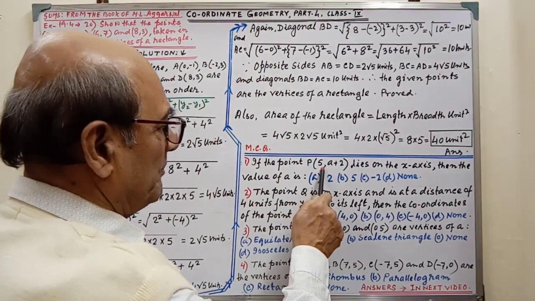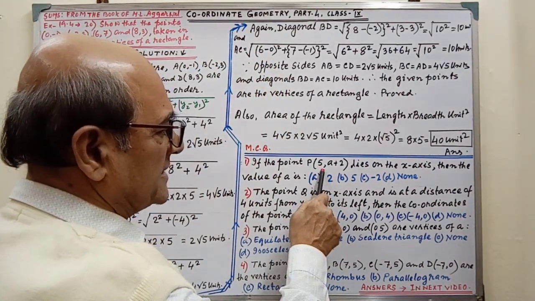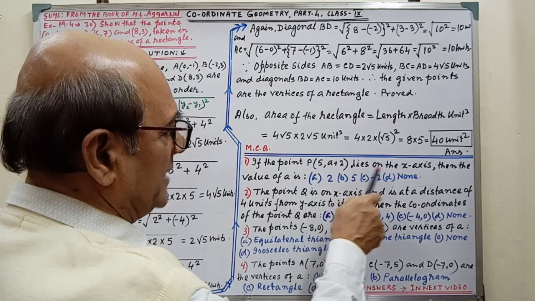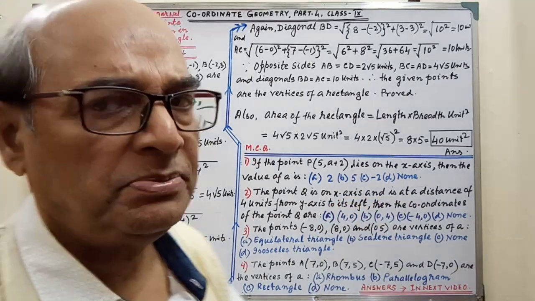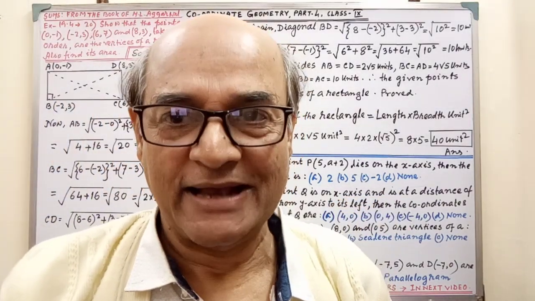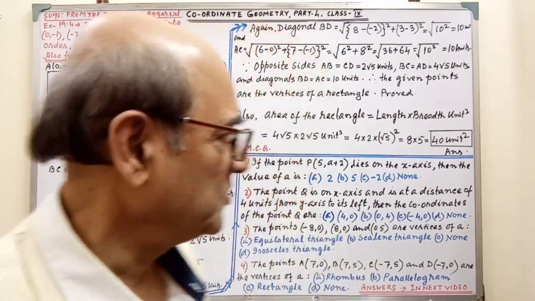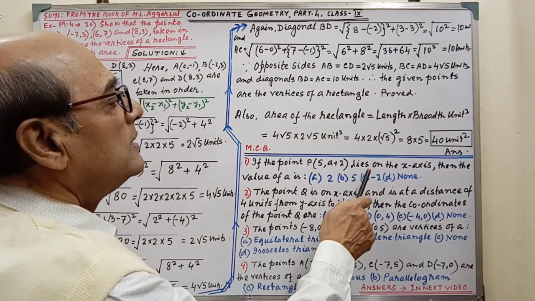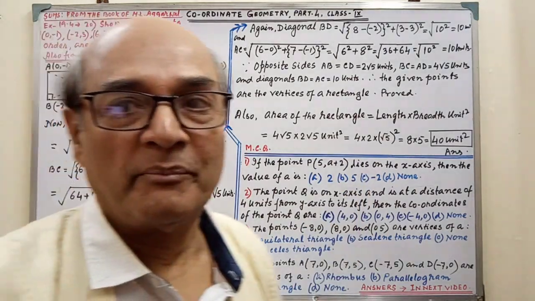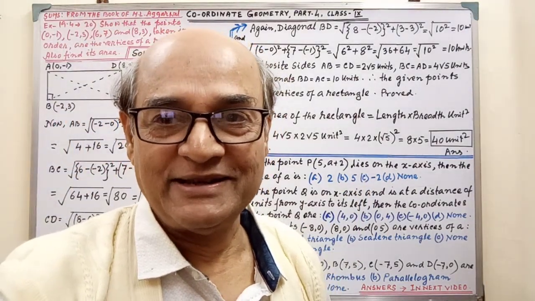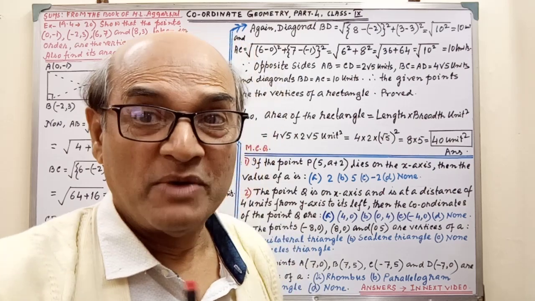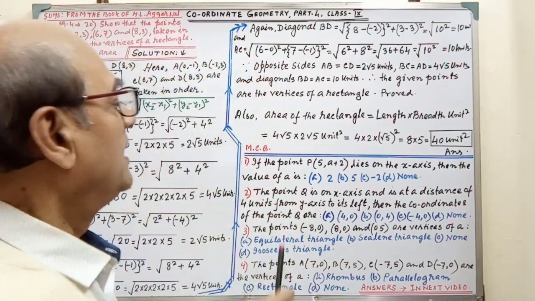Here, the coordinates of P are given and the point lies on the x-axis. If a point lies on the x-axis, that means the y coordinate will be 0. From the previous video, video 1, you will get this idea. You must go through that video.